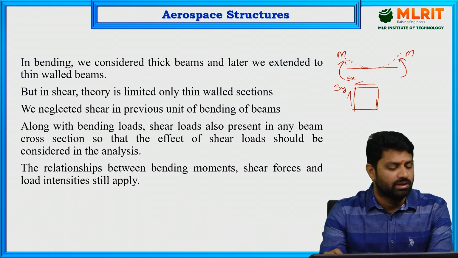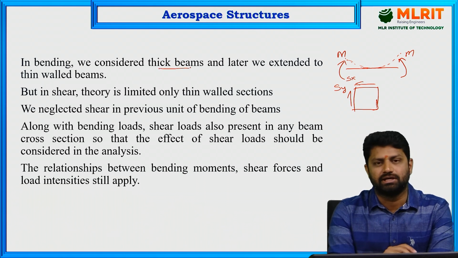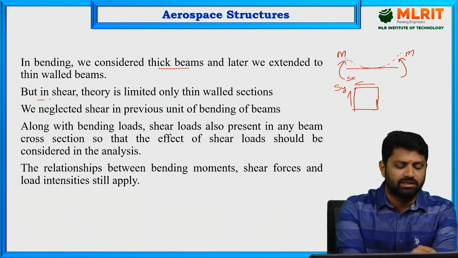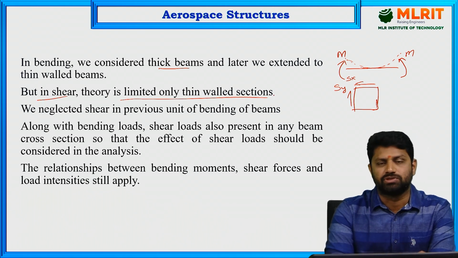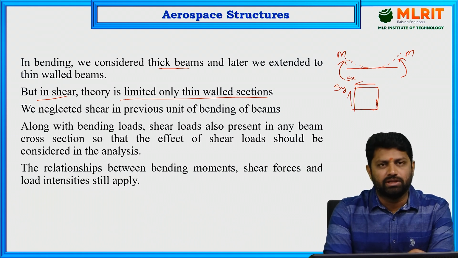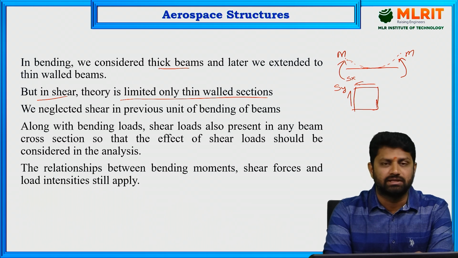In bending, we considered thick beams, and then we later extended to thin wall beams, but in shear, the theory is limited only to thin wall beams. So you are going to study the shearing effect in thin wall beams only, and we know that we neglected shear in the previous unit because we considered only bending.